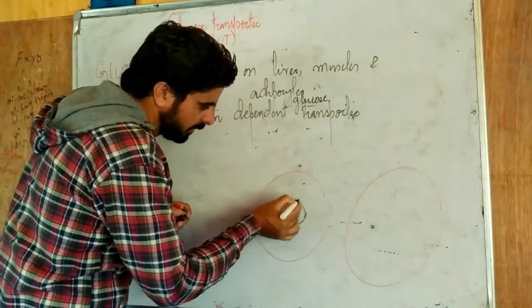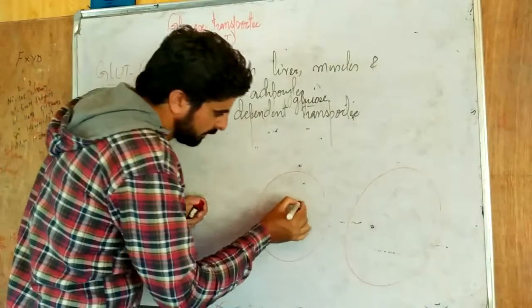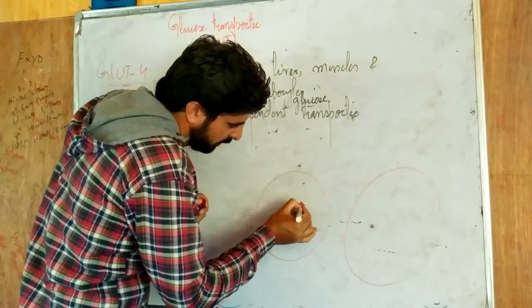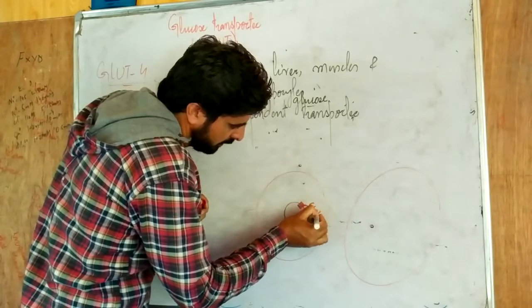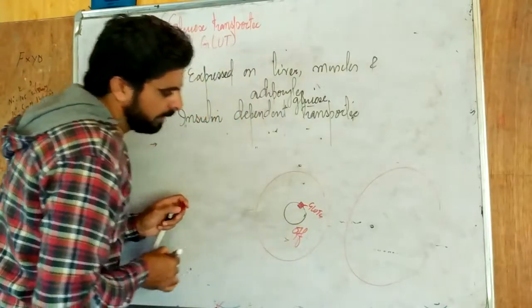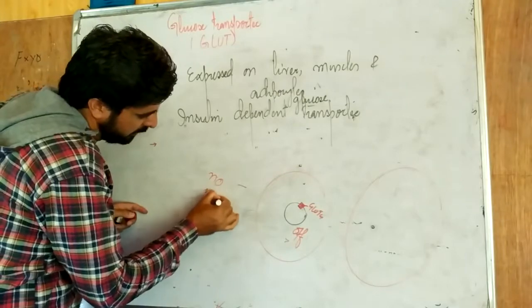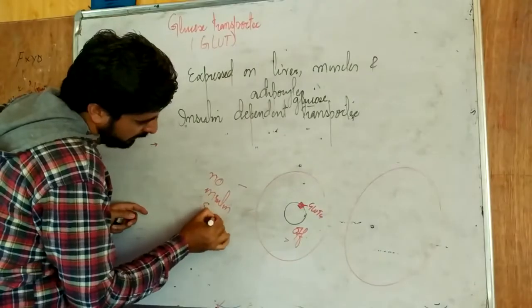This is an intracellular vesicle, and GLUT 4 is present here. But you have to keep in mind, here the transport is off. That means there is no insulin signaling.